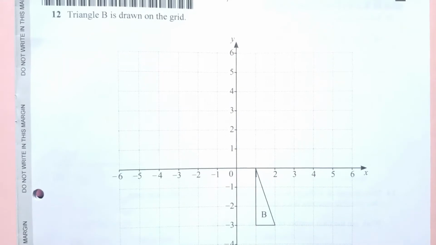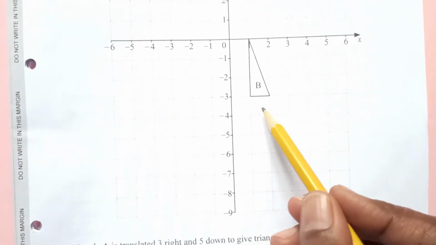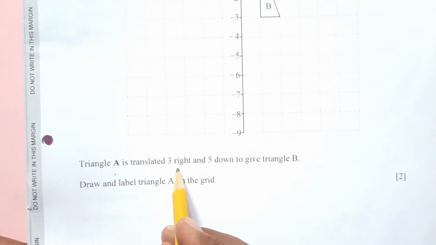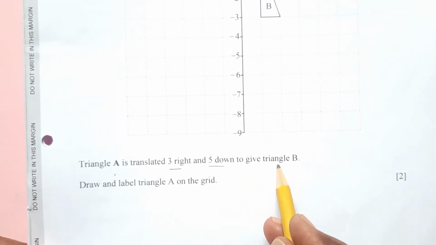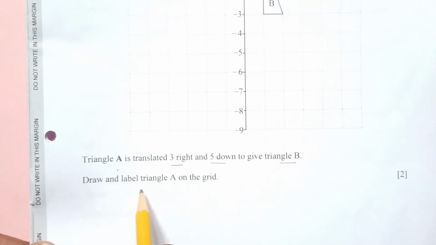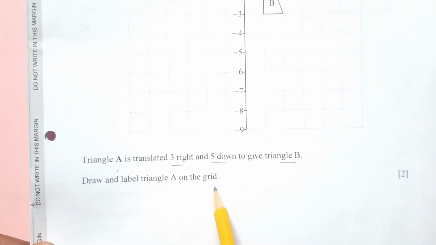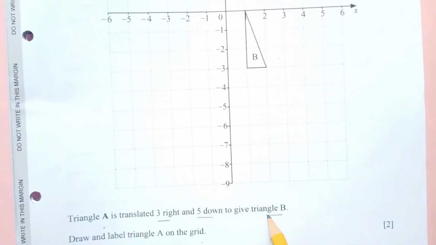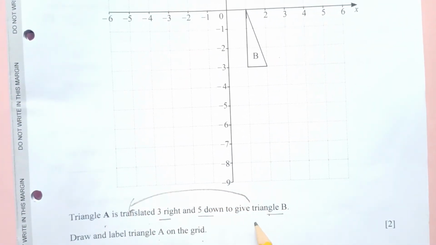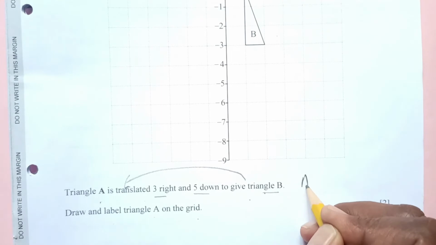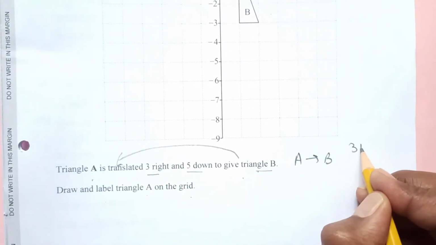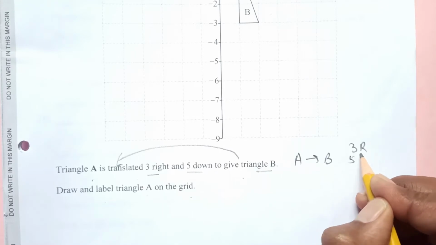Here is another question. Triangle B is drawn on the grid. You see this triangle B. Triangle A is translated 3 right, 5 down to give triangle B. Draw and label triangle A on the grid. You see, this is the reverse of that, because we are given B, and he is talking about from A to B. From A to B it is translated 3 right and 5 down.